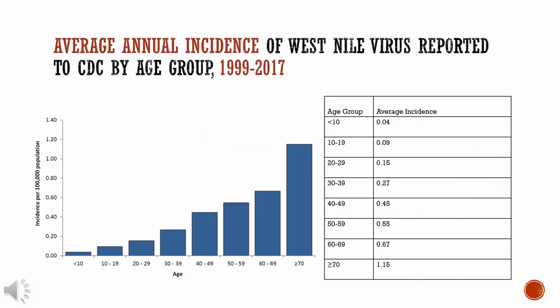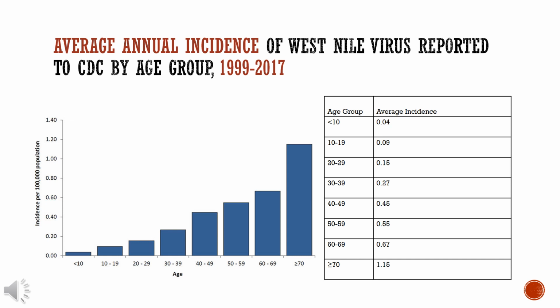The graph and chart display the average annual incidence of the West Nile virus reported to the CDC by age group, and it spans from 1999 to 2017. As we can see, the older you get, the more likely you are to have the virus. Starting with under the age of 10, we have 0.04.